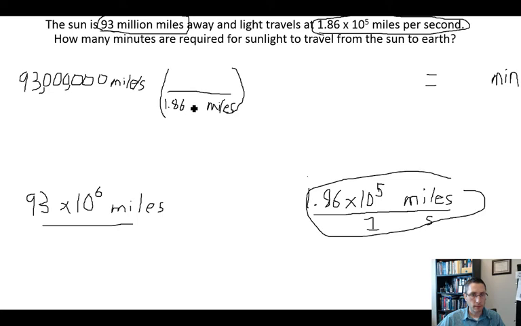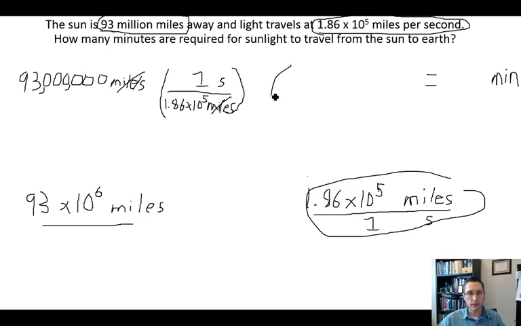Almost as bad as my writing in class. 1.86 times 10 to the 5th miles. And what goes in the numerator? Well, the other side of that unit factor, that 1 second. Okay, and now the miles will cancel out, and I'll be left with seconds.